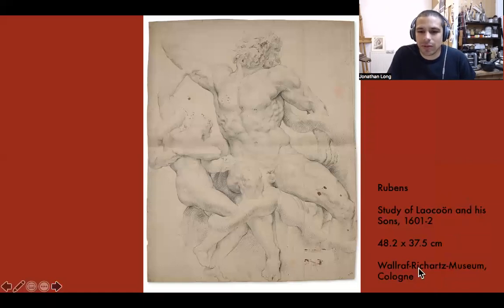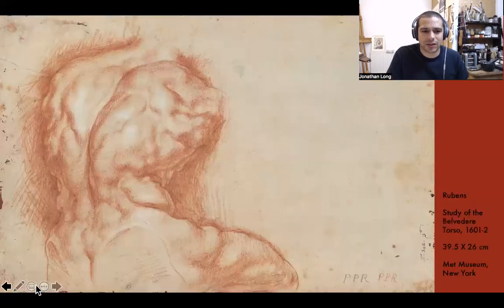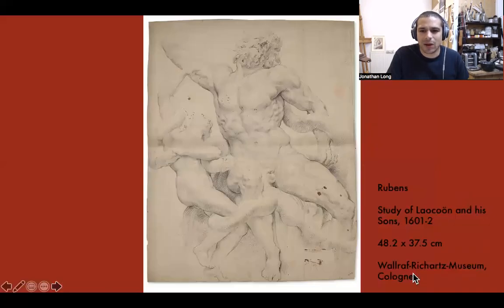The Laocoon, very important. So the Laocoon and his sons, as I mentioned earlier, was discovered in 1506 in a vineyard outside of the center of Rome. And this is that period where he's devouring these classical sculptures, like the Belvedere torso here and the Laocoon here.